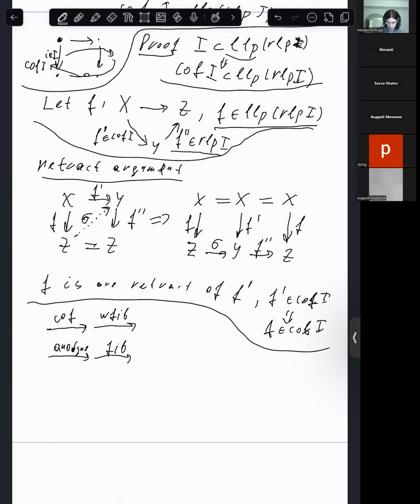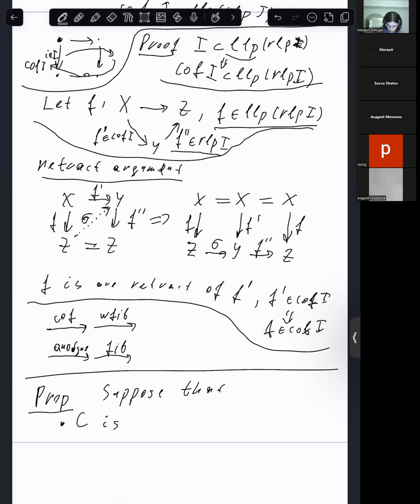So, proposition. Suppose that C is a cofibrantly generated model category.